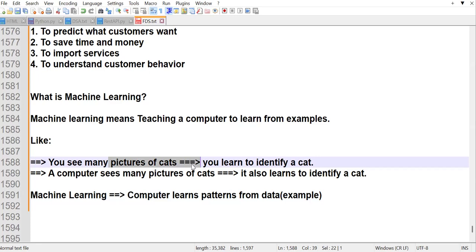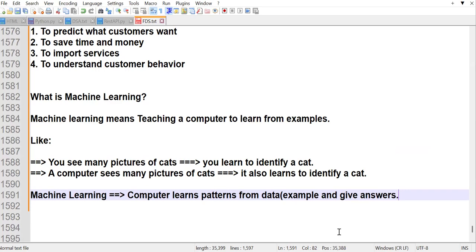Pictures of cats are the data, right? So the computer learns patterns from data. Patterns like it has legs, how a cat looks, what the height of the cat is. These are the patterns, and it gives answers. I hope you are getting the clarity on what machine learning is. So this is a super simple example which you can use if someone asks you.